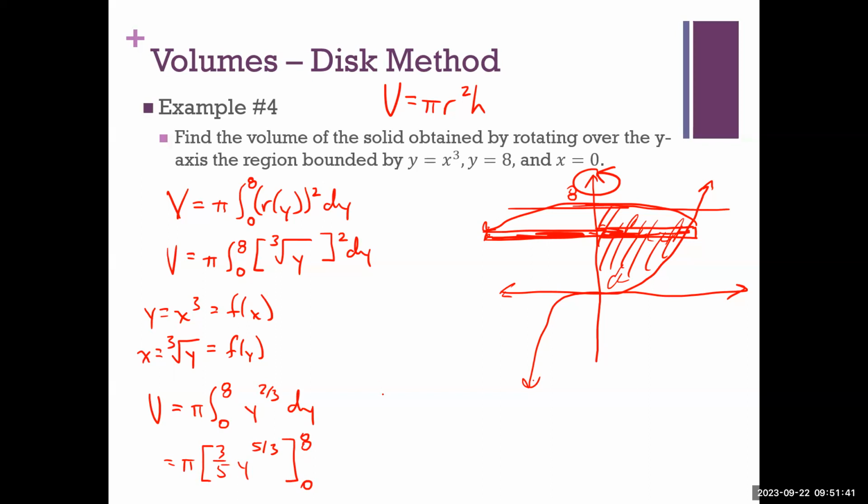What is 8 to the 5/3 power? 32. Do we do that with a calculator or in our heads? So 3/5 times 32 minus 3/5 times 0.